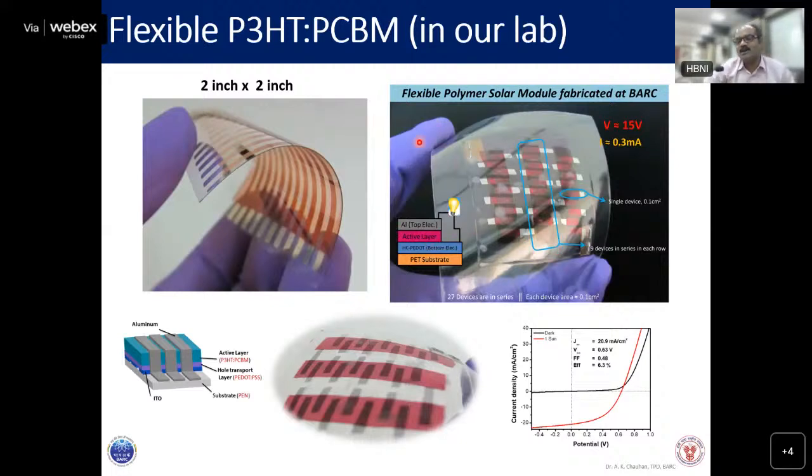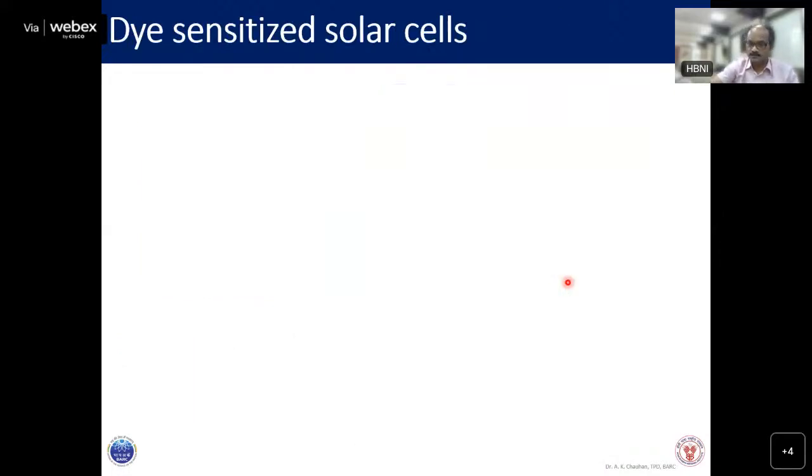In this flexible device, the electron transport layer was not used. So the efficiency was low, but some things have to be compromised for making many things. So this was the polymer solar cells. Now let us come to dye sensitized solar cells.